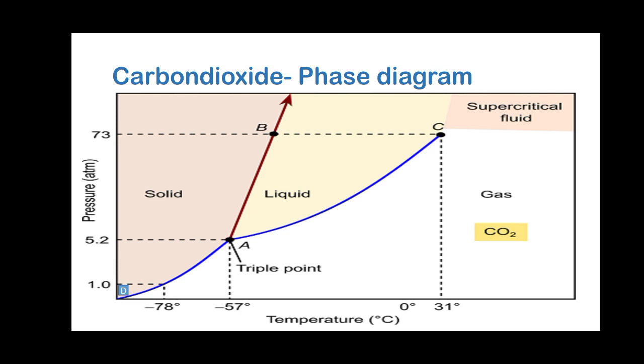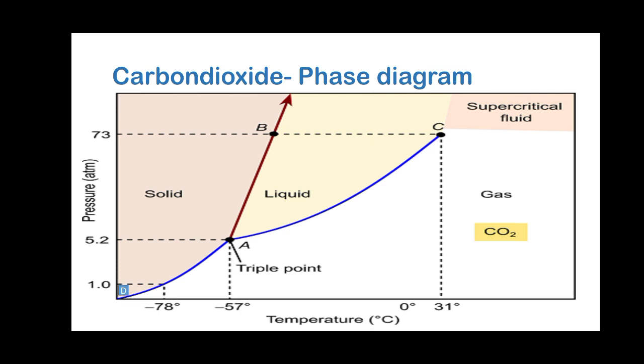This positive slope is typical of almost all substances. The slope indicates that the melting temperature of solid carbon dioxide rises as the pressure is increased. The triple point, that is 217 Kelvin, 5.11 bar, which is symbolized in the graph as A, lies well above the ordinary atmospheric pressure.